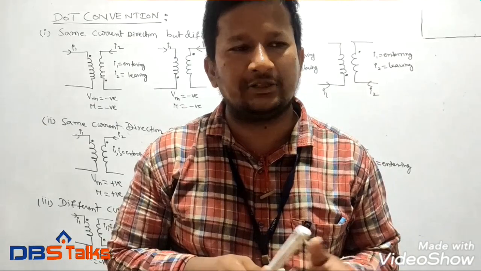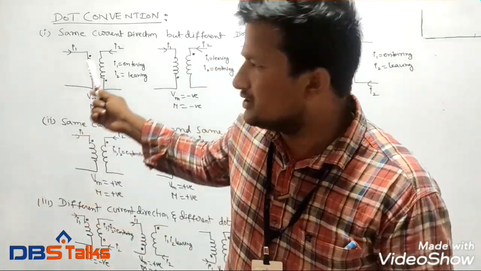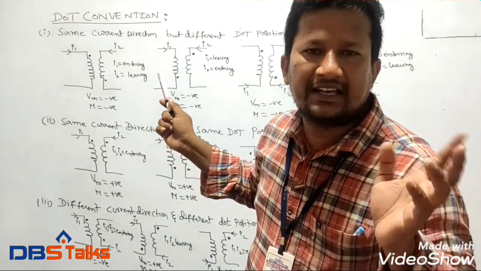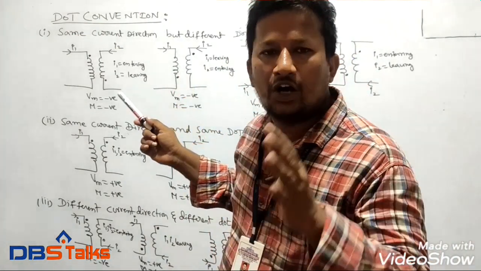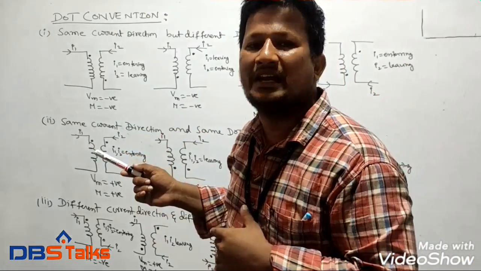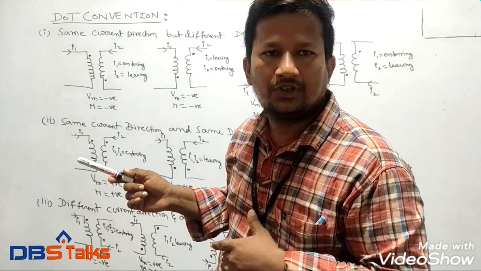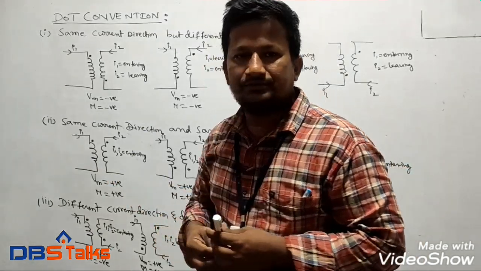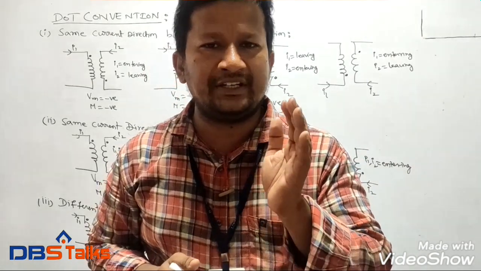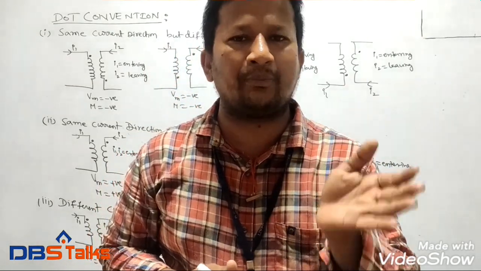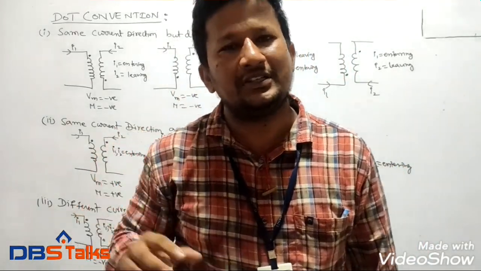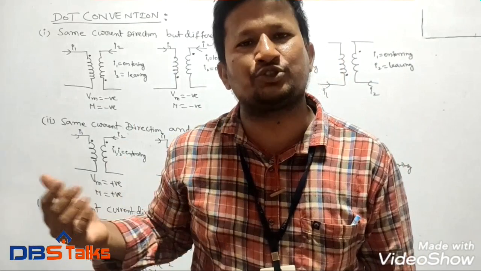With the help of dot convention, we can clearly know how the flux is transferred from one electrical circuit to another. The main objective of the dot convention is to find the polarity of the inductance, or mutual inductance.